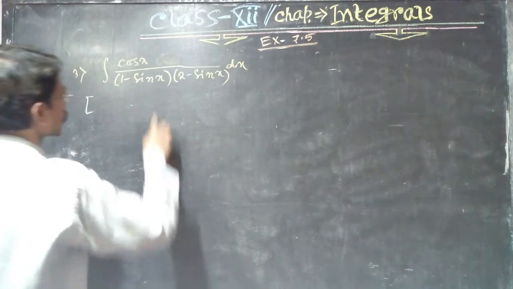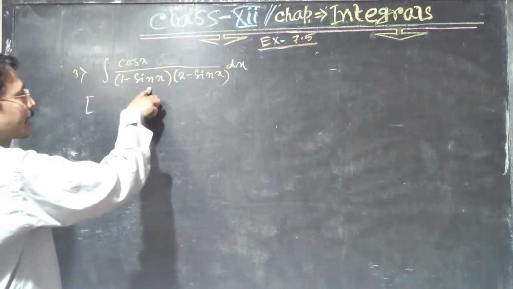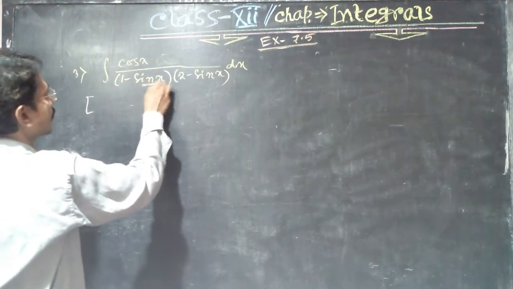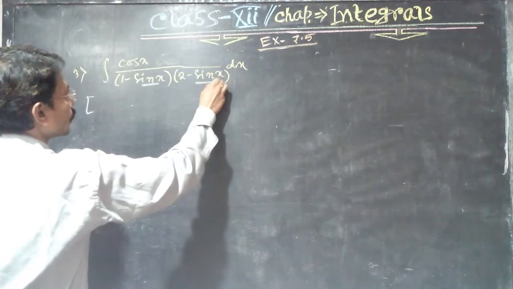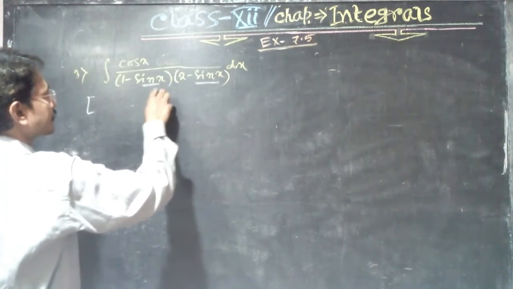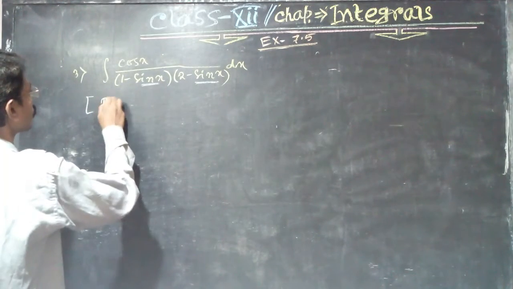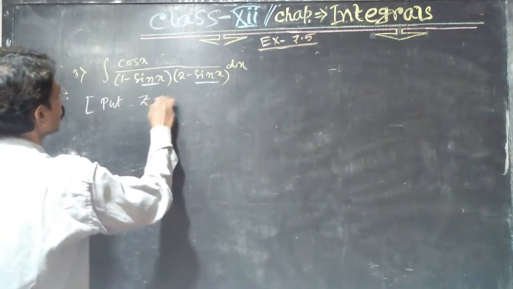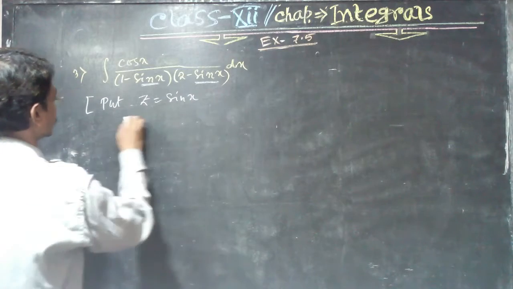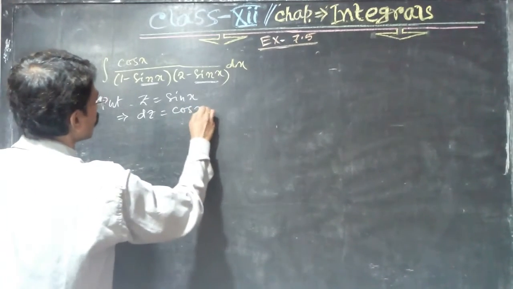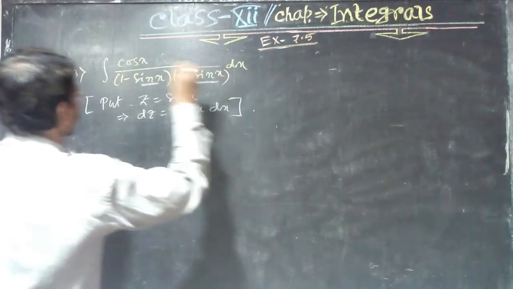If you carefully notice, you see that d/dx of sin x, that means the derivative of sin x, equal to cos x. So if we put z in place of sin x, then cos x dx equal to dz. So we put z equal to sin x, so dz equal to cos x dx.